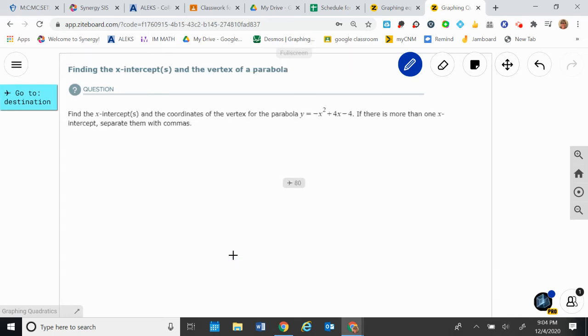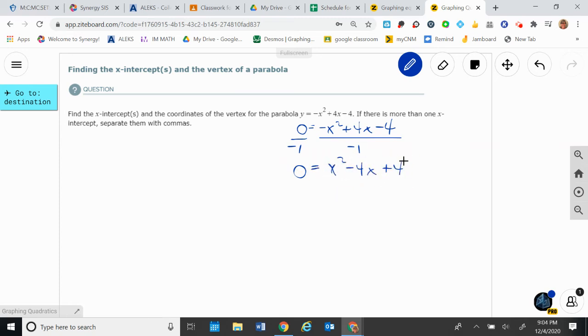Okay, let's try one more. Set this equal to 0. Okay, I got to teach you a cool trick right here. You see how that has a negative in front of the x squared? You could literally move everything over to the other side or just divide everything by negative 1. Both sides, the entire thing, and you get 0 equals x squared minus 4x plus 4.